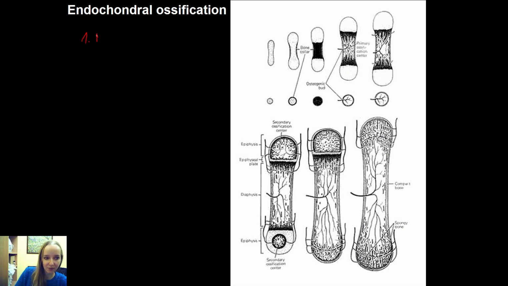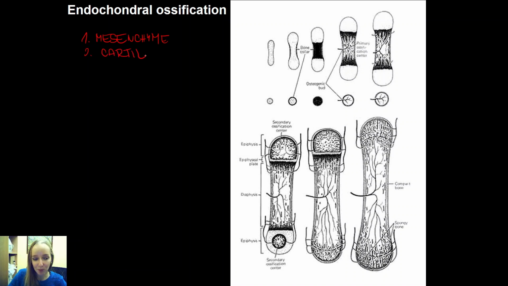First, we have mesenchyme once again. There's always some mesenchyme at the beginning of everything. So we have these mesenchymal cells, and first this mesenchyme forms cartilage.